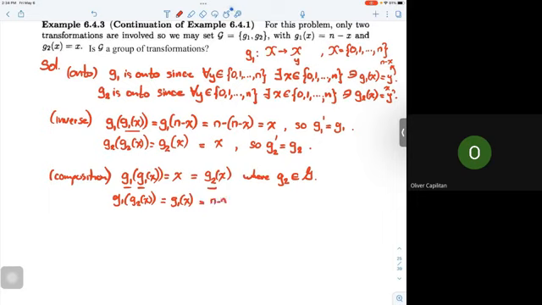N minus X. But what is N minus X? It is actually equal to G1 of X. So the composition of these two, G1 and G2, is G1, where G1 is an element of script G.